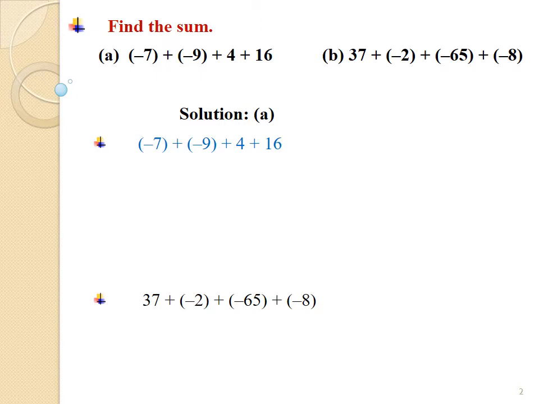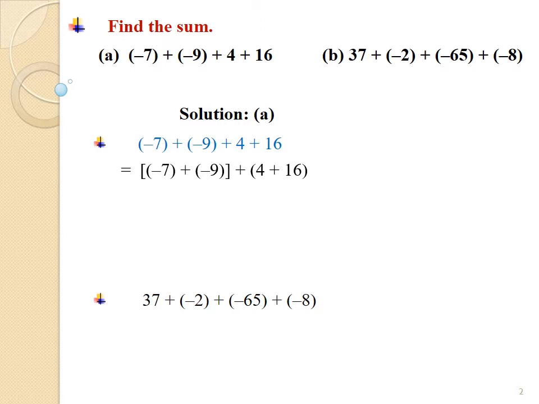Thus, regrouping the integers, we get minus 7 plus minus 9 plus 4 plus 16. Now, let us add 7 and 9 as both the integers have minus sign and place minus sign to the answer obtained.